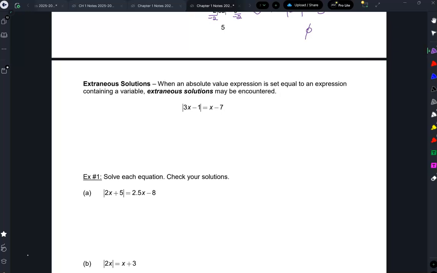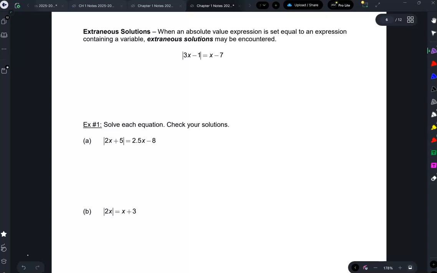Now, the process to solve these is the same way as we have been doing. You isolate the absolute value. Once the absolute value is alone on one side, you say it equals the negative of this and it equals the positive of that. Same exact situation. All right? So in this case here, the absolute value is alone. So I'm going to say 3x minus 1 is equal to negative x minus 7.